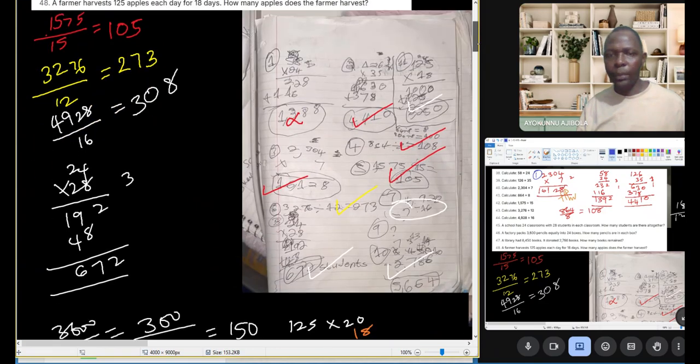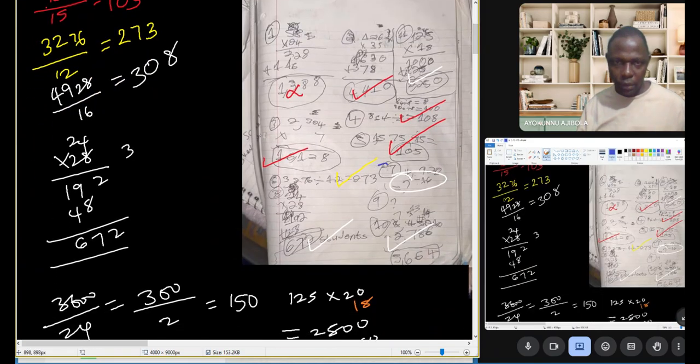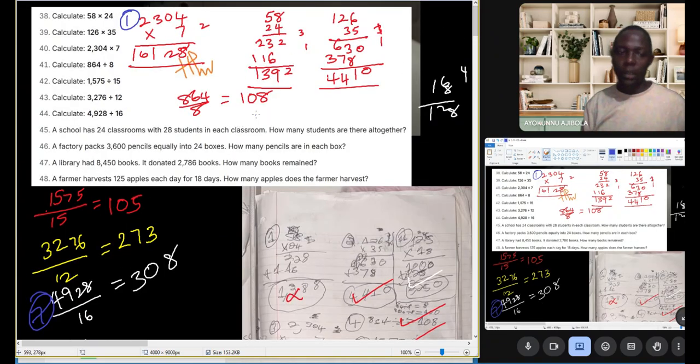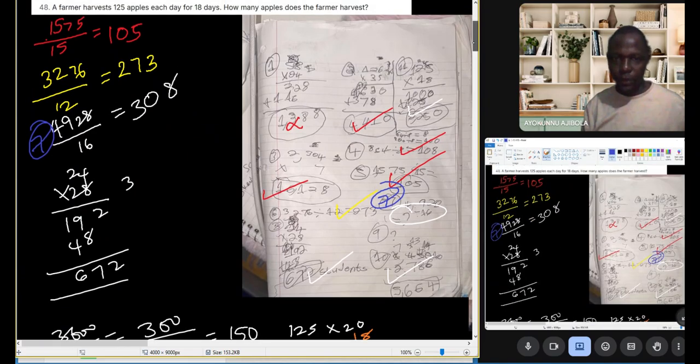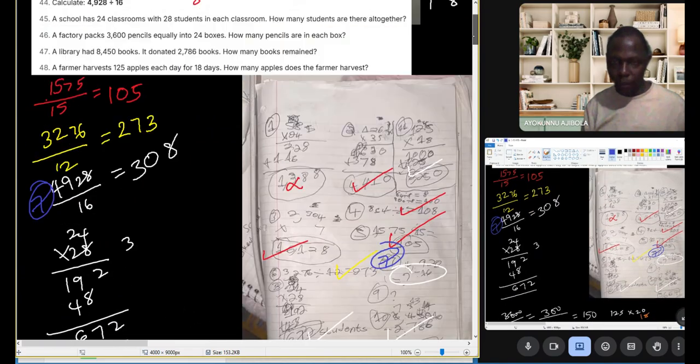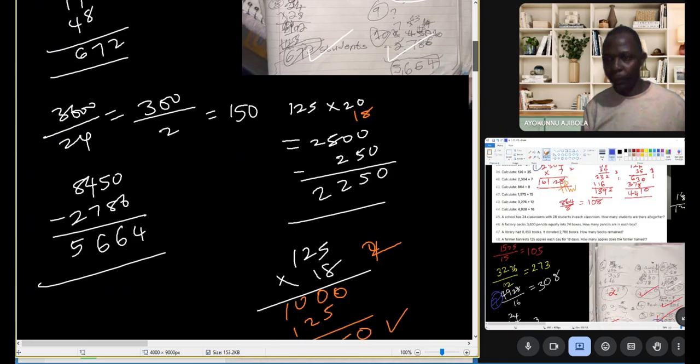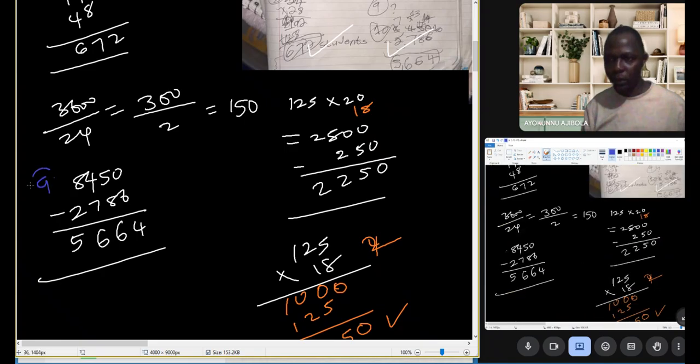That is the divided by 16 one. Do you understand it? Yeah. So what number again? Apart from number 7, number 8, number 9. So it's number 9. Where's number 9? 8450 minus. That's number 9. And then the last one you got the answer.